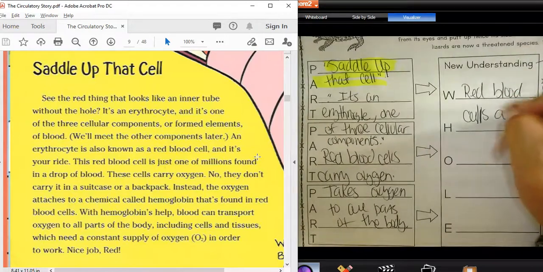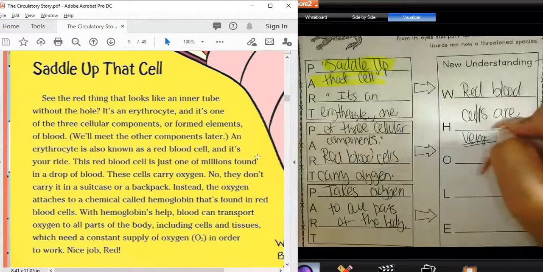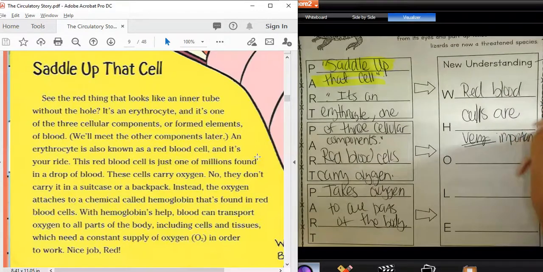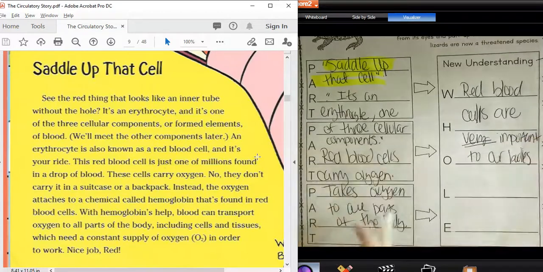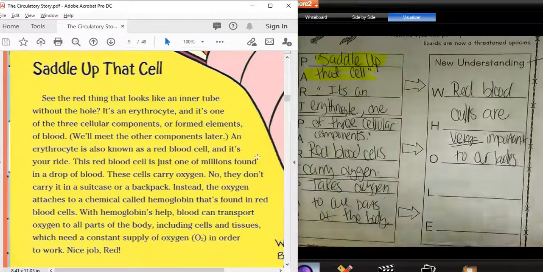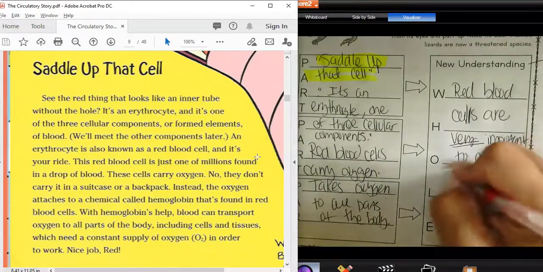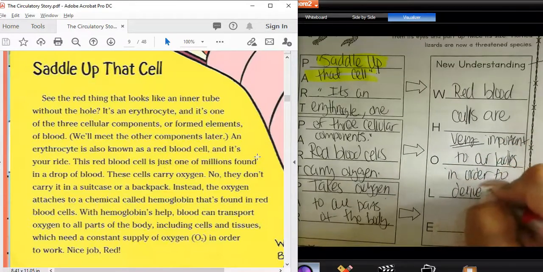Okay, so red blood cells are very, I'm going to underline very important to our bodies. Remember, the author told me that it takes oxygen to all parts of the body. So my understanding is that red blood cells are very important to our bodies in order to deliver oxygen.